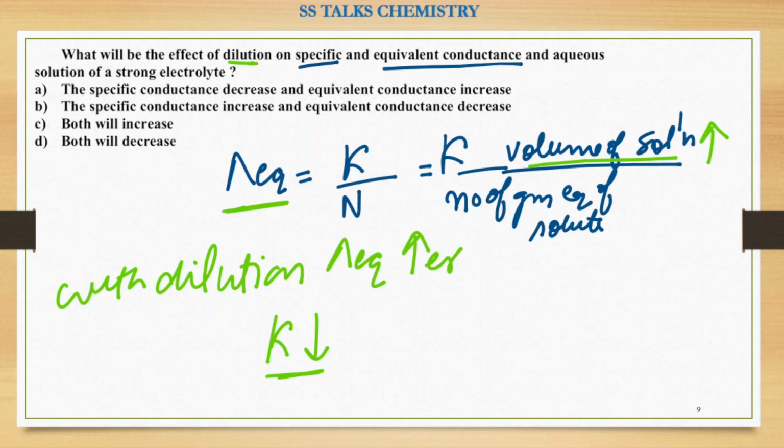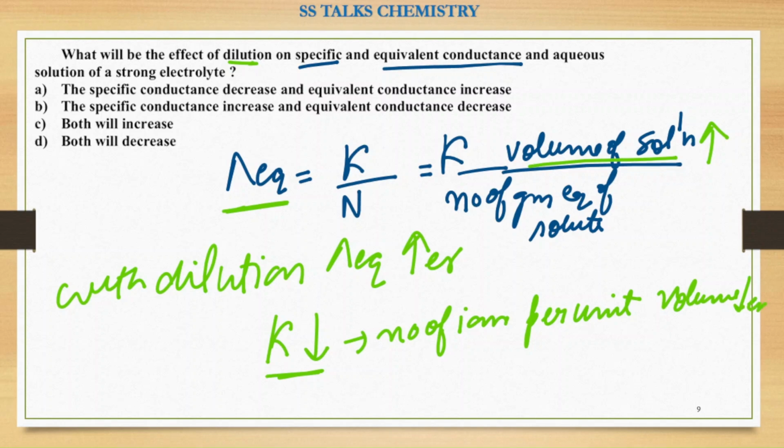But with dilution, the number of ions per unit volume is going to decrease, which means the specific conductance is going to decrease. So kappa decreases, the specific conductance decreases, and the equivalent conductance increases. That is given to us in option A over there. Okay.